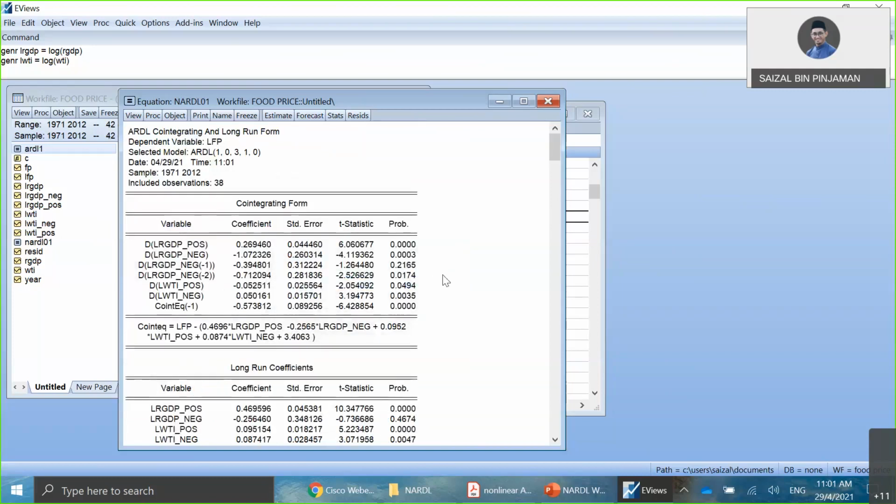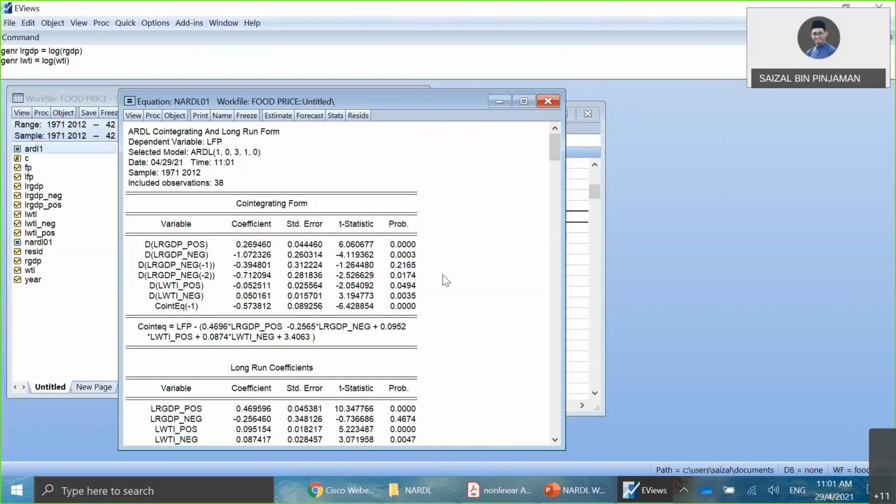In the latest version of EViews, you actually have the ECM hardwired in the estimation. But in version 9, we don't have the ECM model hardwired in our estimation. So that is why we have to estimate the ECM manually.